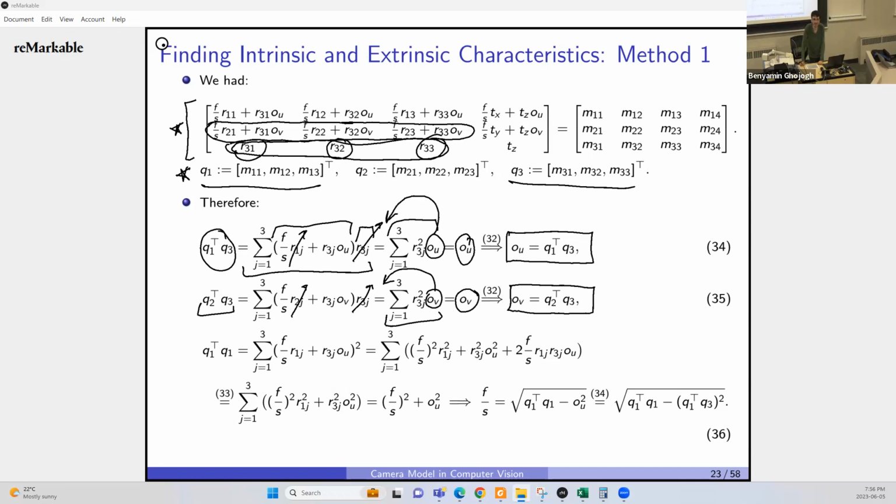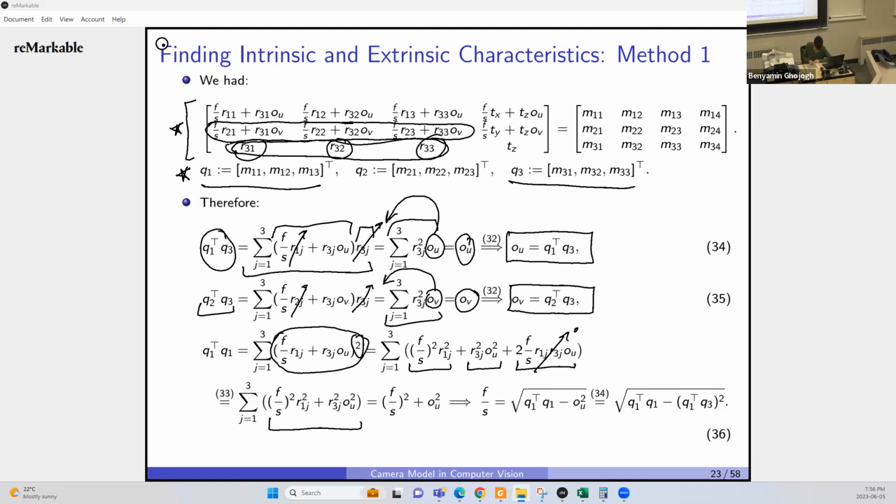Interesting. Now Q1 transpose Q1, let's try that. The elements will be multiplied by themselves, so I will have the elements squared. Then I use the binomial theorem: A plus B squared is A squared plus B squared plus 2AB. So this is squared, plus this is squared, plus 2 times the first and the second one. Interestingly, this goes away, 0, because they're orthogonal.